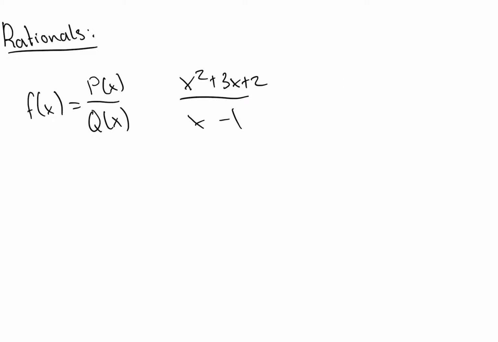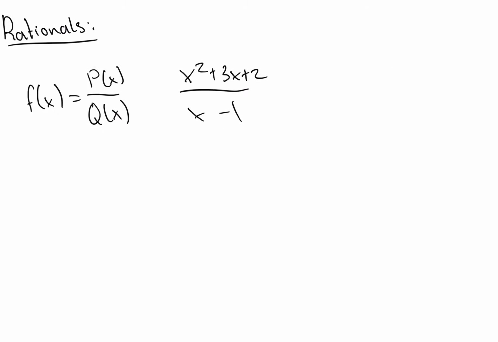So, what are vertical asymptotes? Vertical asymptotes happen when the function goes all the way up to infinity or drops down to negative infinity. It's usually where the denominator is 0, but it doesn't cancel out. Like in this function, we have x squared plus 3x plus 2 over x minus 1.